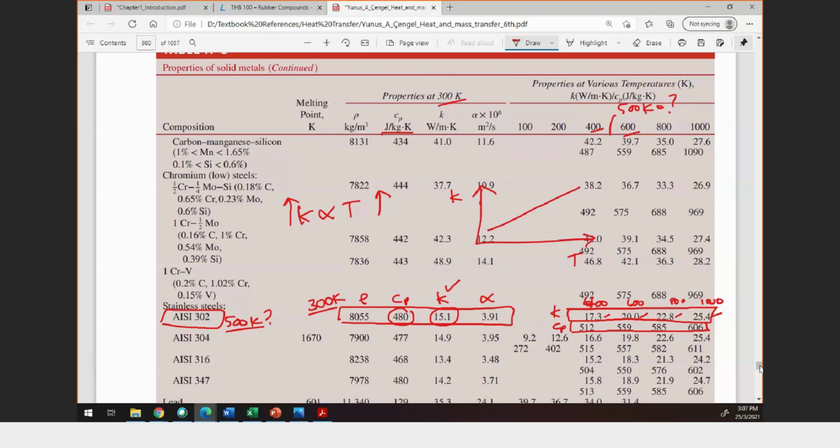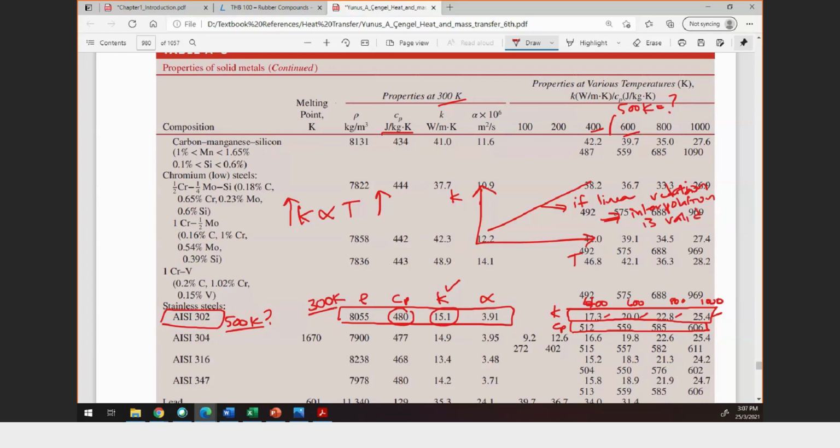If the relation is linear, then interpolation is valid.